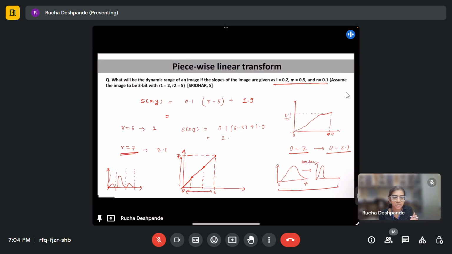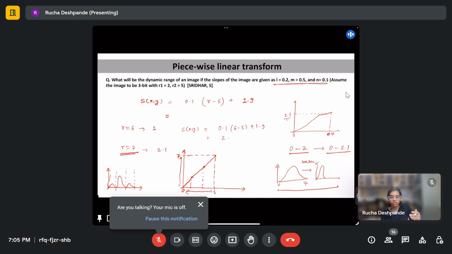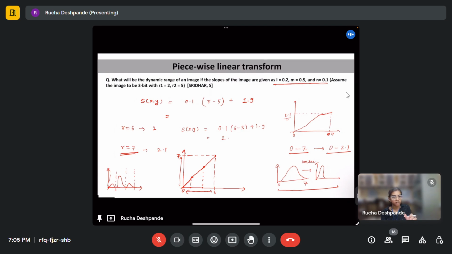So anytime before applying any kind of transformation, it is better to look at the histogram first, look at the distribution of the image, and then based on what feature we want to highlight in that image, we should choose the function in whatever range of DN values we want.